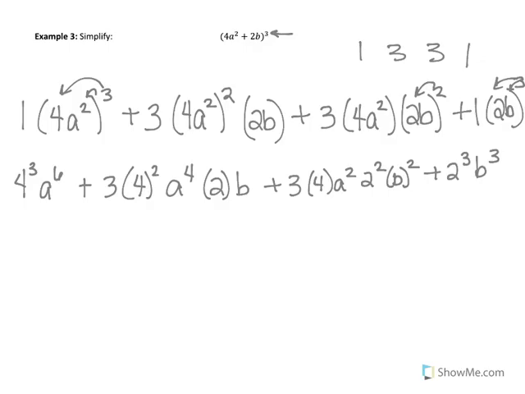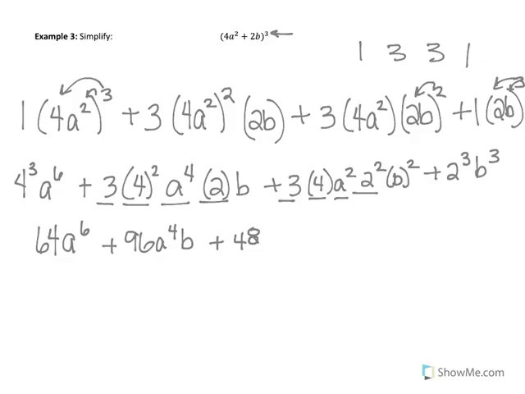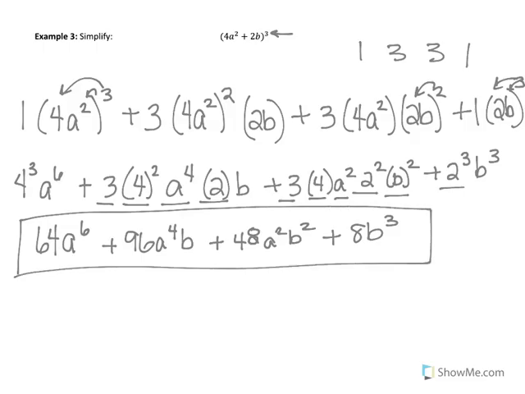Now we can simplify. 4 cubed is 64, so we have 64a to the power of 6. Then 3 times 4 squared times 2 gives 96, with a to the power of 4 and b. 3 times 4 times 2 squared is 48, with a squared and b squared. And 2 cubed is 8, so we have 8b cubed. So this is my expanded binomial. And that is the binomial theorem, part 1.